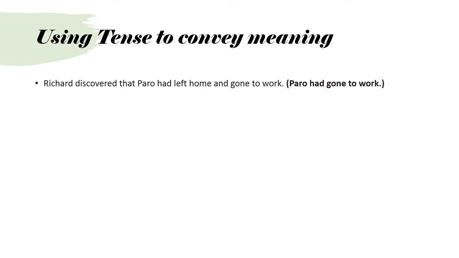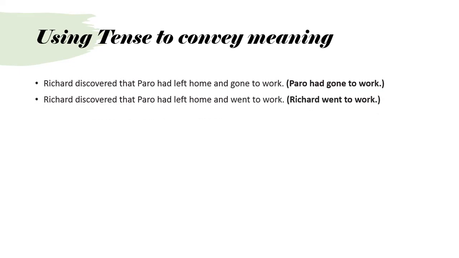But when we read it, we come to understand that Paro had left home and she had gone to work. But if we change the tenses in the above sentence, and write went rather than gone, then the sentence becomes: Richard discovered that Paro had left home and went to work.